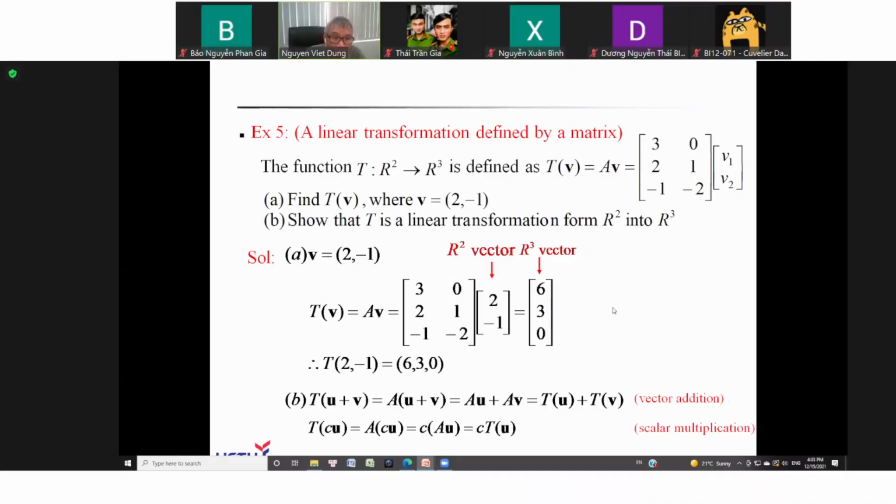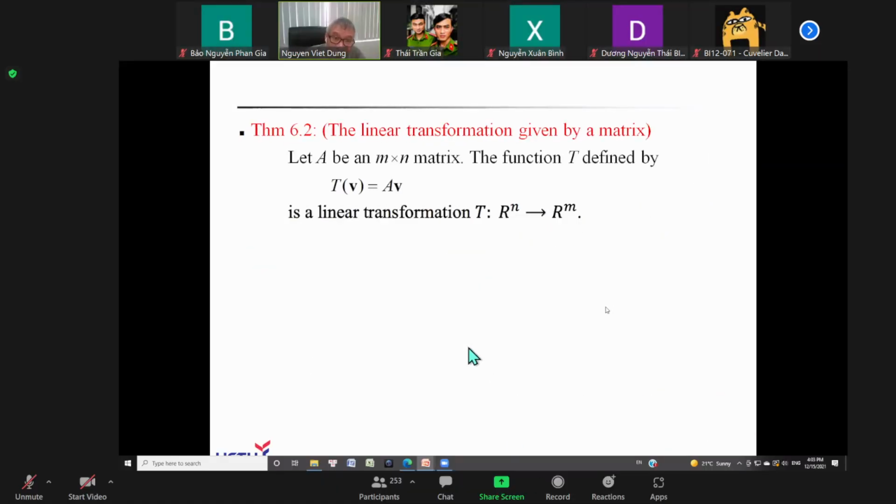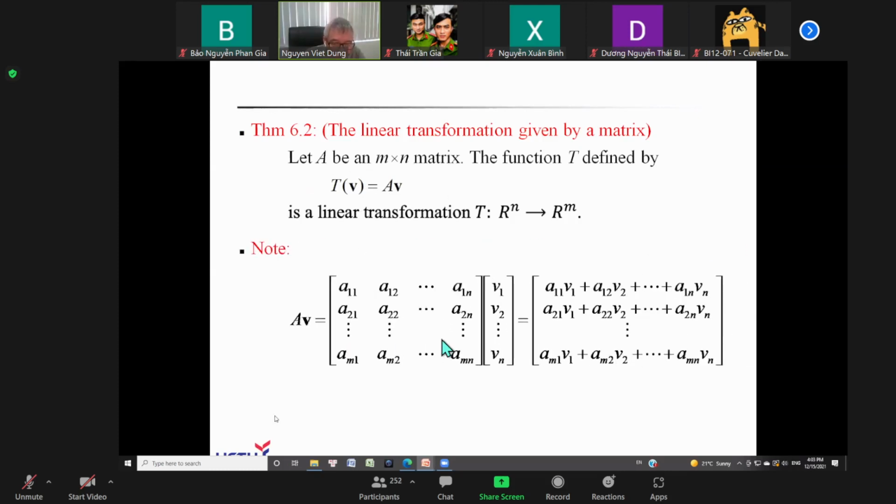We generalize it by considering a map T from Rn into Rm by multiplying with an m by n matrix A. Here you see A to be an m by n matrix, and if we multiply that with a column matrix, you get a column matrix.